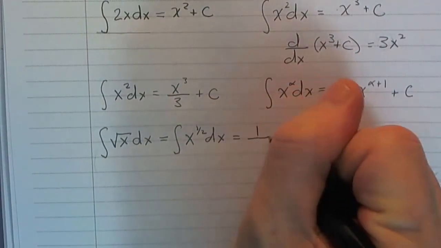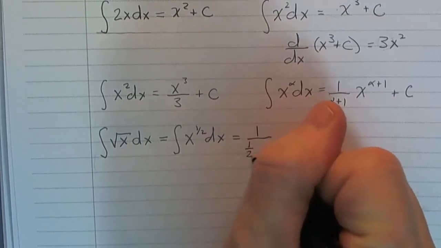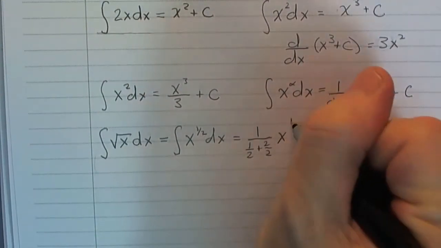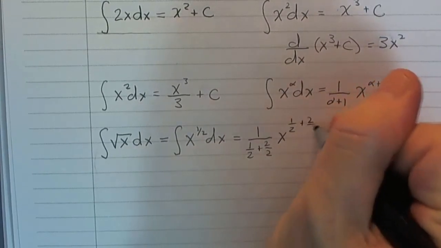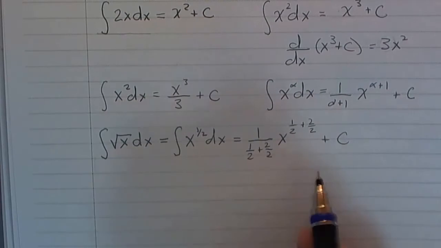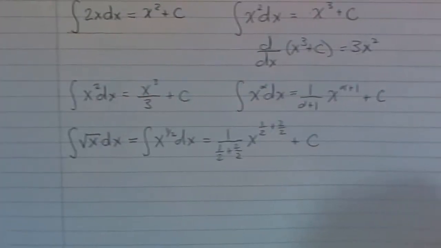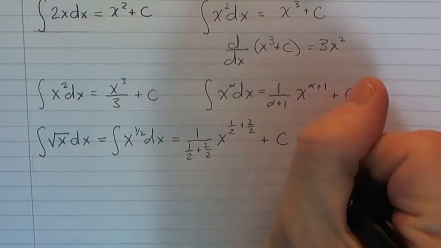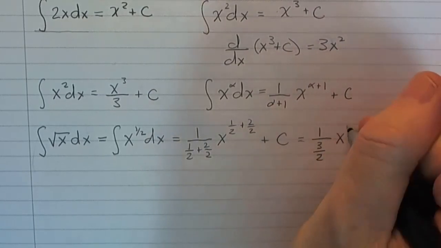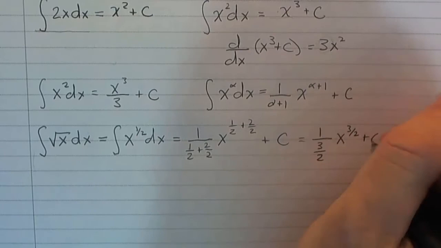We've got 1 over 1/2 plus 1. Let me just call it 2/2. x to the 1/2 plus 1 plus c. There it is. And if you work that out, you get 1 over 3/2 x to the 3/2 plus c.